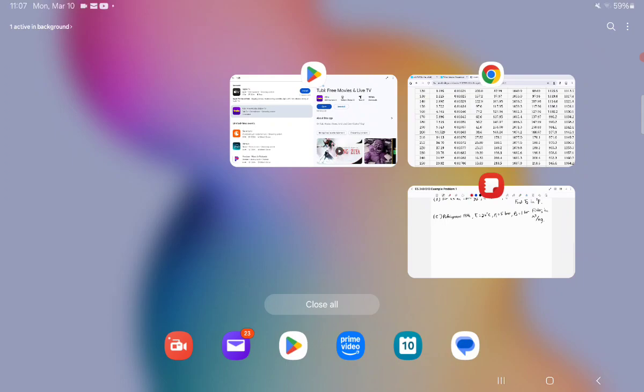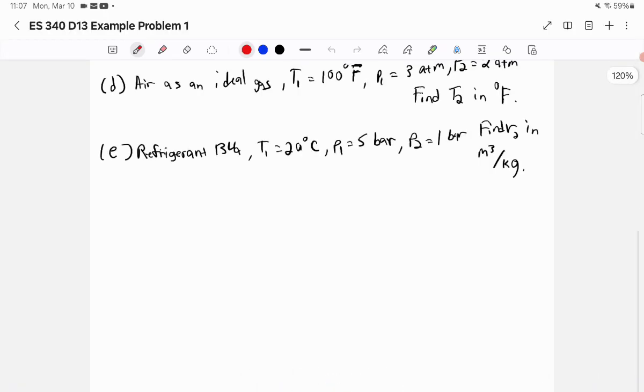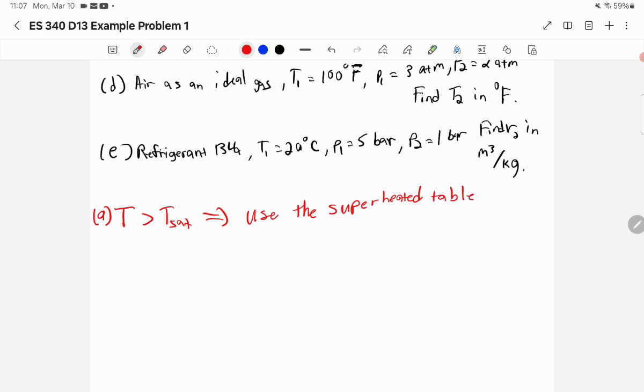Just as a reminder, that means we're above the saturation temperature, which means we should use the superheated table. We've lifted up outside of that curve, the TV curve, for instance.